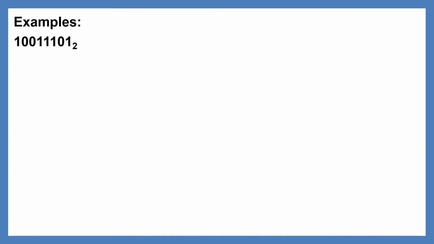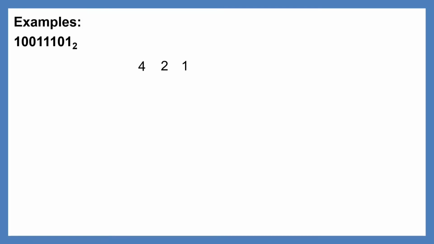Suppose we're going to convert 10011101 base 2 into decimal. First, you're going to write the power of twos, or the place values in the binary numbers.